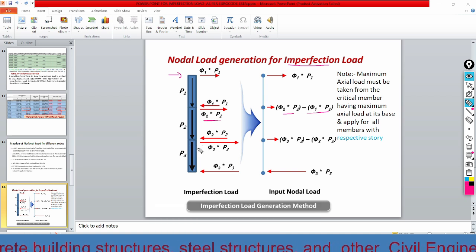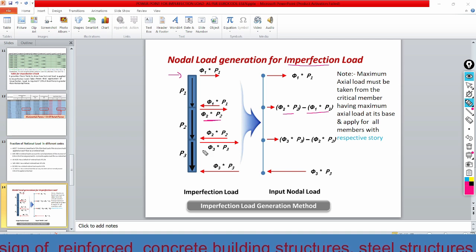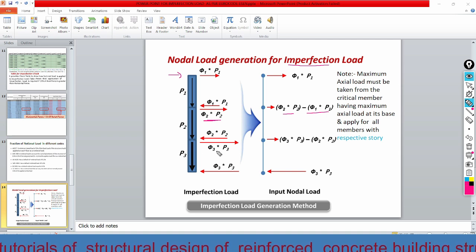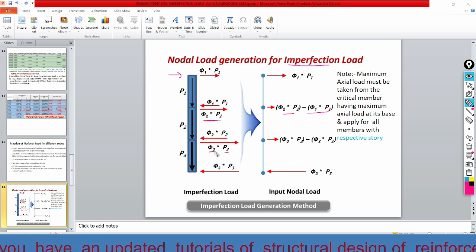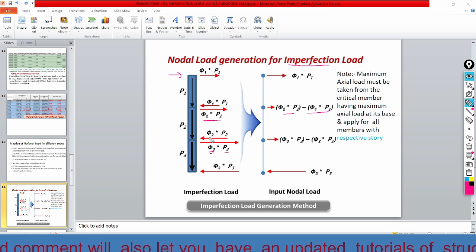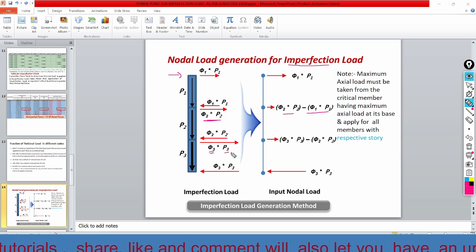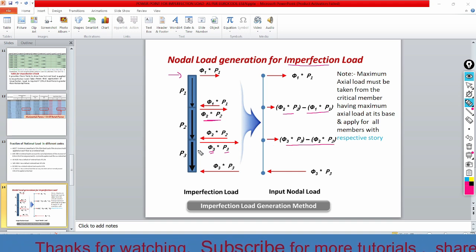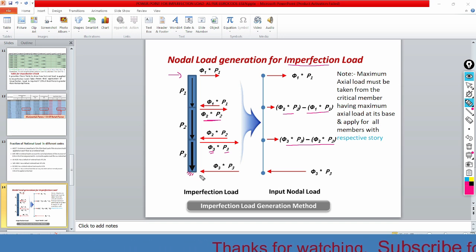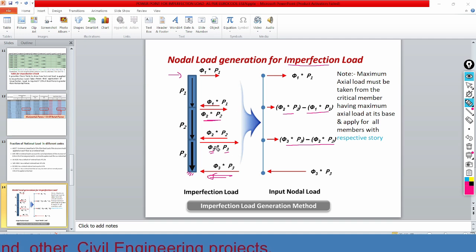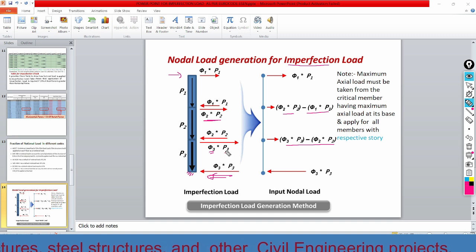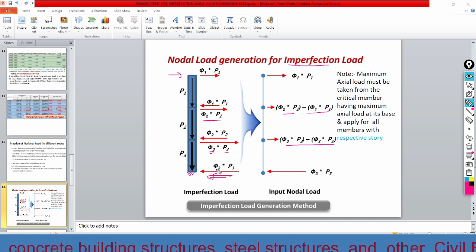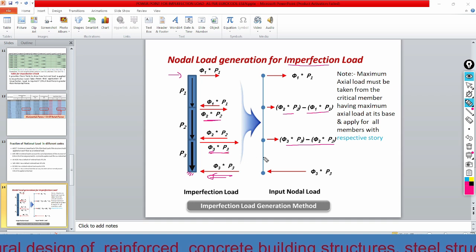The lateral load applied at this story is the cumulative axial load, P3 times phi 3, less phi 2 times P2, and the difference is the lateral load applied at this story. And at the base of the story, there will be the shear force counteracting the lateral load, that is phi 3 times P3, this one.